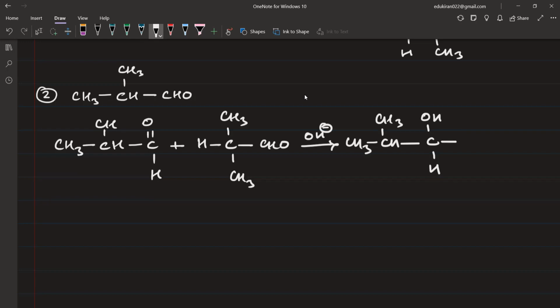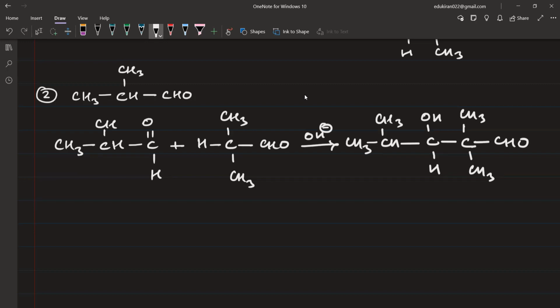Then the next carbon atom, this one here, it is going to have carbon and CH3 and CH3 and then CHO. ठीक है? Yes or no? Please tell me, guys. Correct?